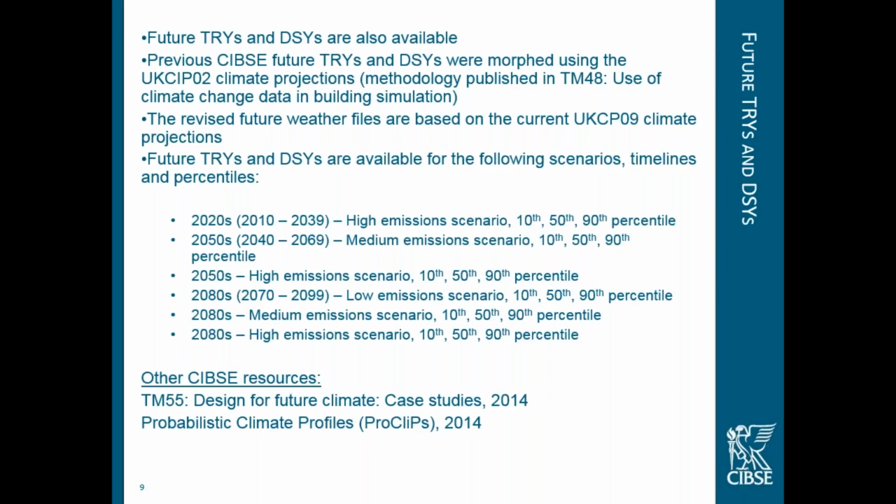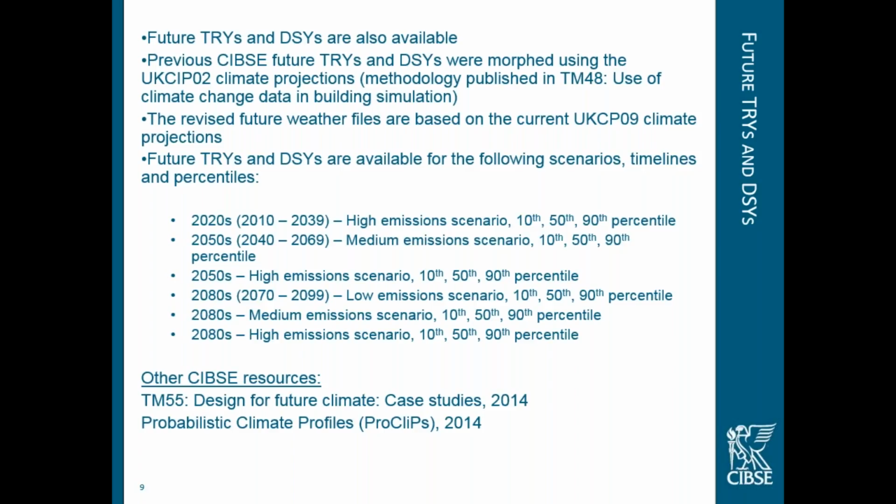You can see that we have 3 timelines: 2020s, 2050s, 2080s. For the 2080s period, we decided to just release the high emission scenario, just because there isn't much difference between emission scenarios that early on in the century, and then as you go to 2050s, you have medium and high, and for the 2080s, where the uncertainty is higher, we have all 3 emission scenarios.